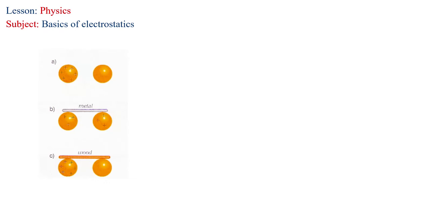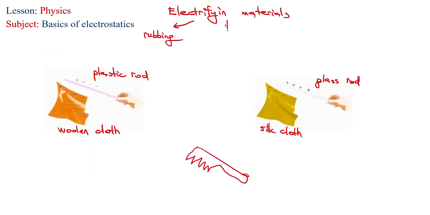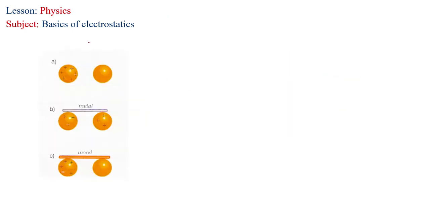Okay, the second way is called contact. Let me write here that the second way to electrify any material is called contact. So, as you understand, when you take any charged material and you connect it with a conducting material, the materials that easily transfer electrons or charges through them are called conductors.